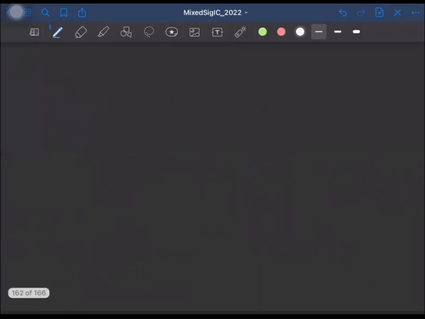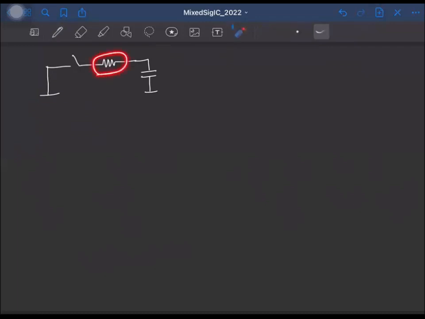So in our sampling circuit, what do we have? If we don't have the input voltage, we have the switch here, which has this on resistance, and we are trying to sample this voltage. Again, due to the noise generated by this resistor, the voltage across the capacitor will not be equal to 0.